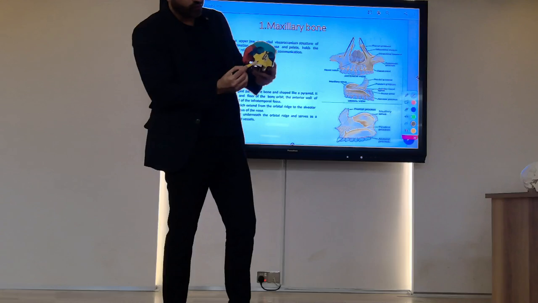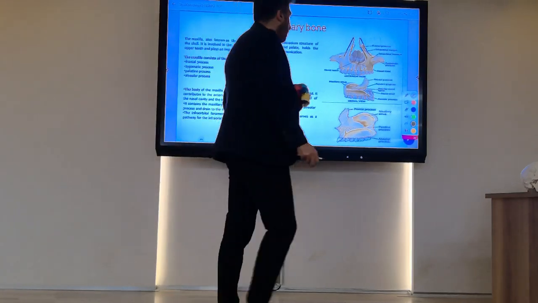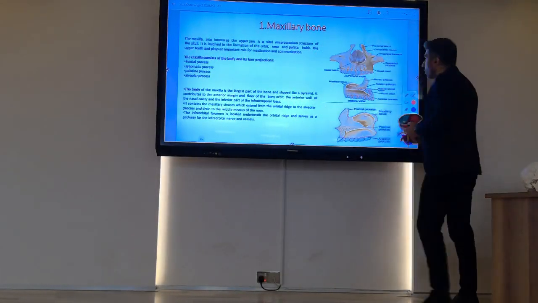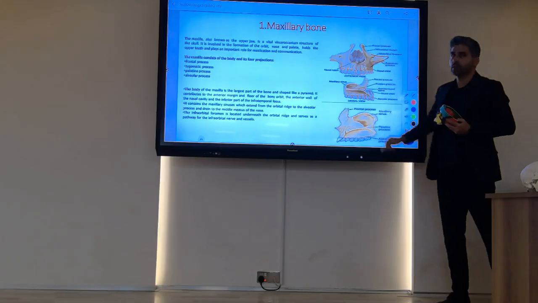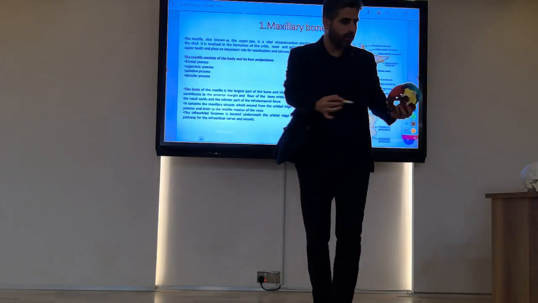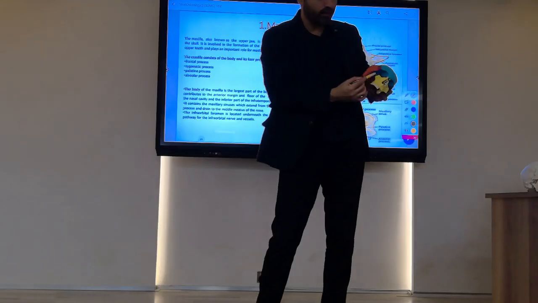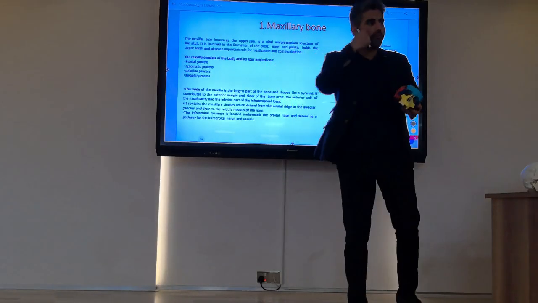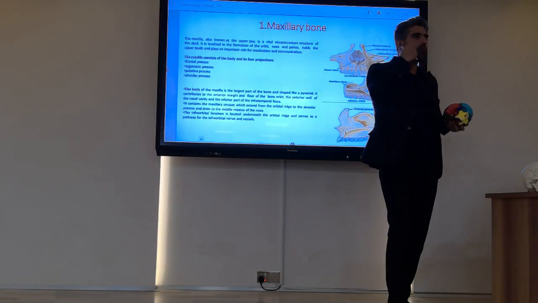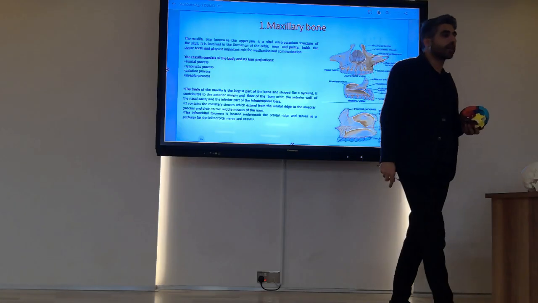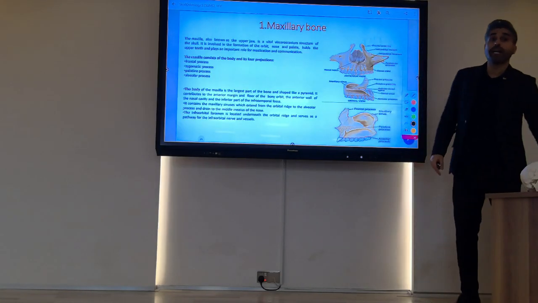This is the frontal process of the maxillary bone. The zygomatic process, because it goes up and attaches to the zygomatic bone. Frontal process, zygomatic process, alveolar process, and number 4, the palatine process.